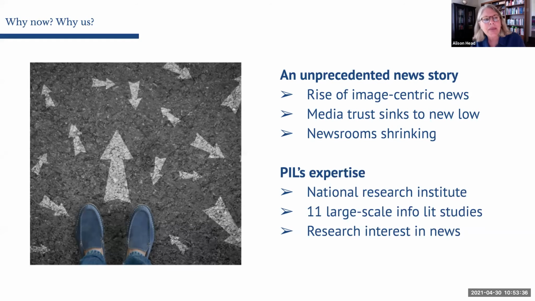Also, we were stepping out of our usual comfort zone at PIL, where as a national research institute, we do these huge, large-scale studies. But we did, at the bottom here, referencing the slide, we did have an interest in news, and I'll talk about that in a minute. I had an overall interest in news, as did the team in our discussions.